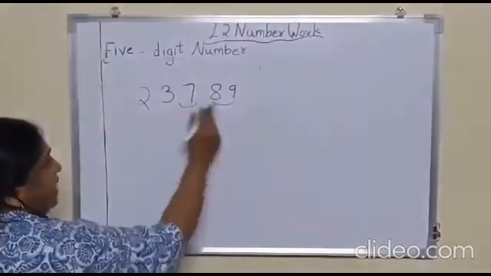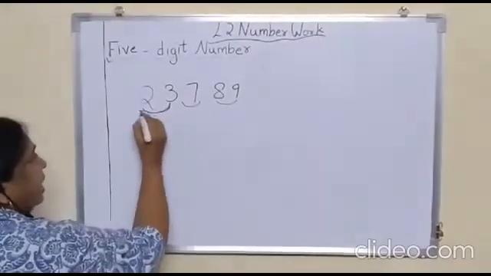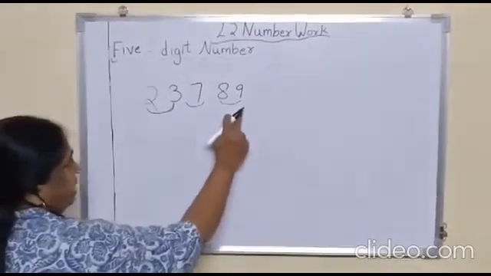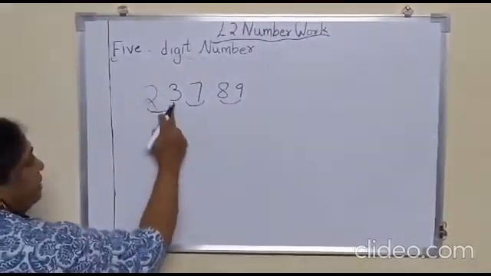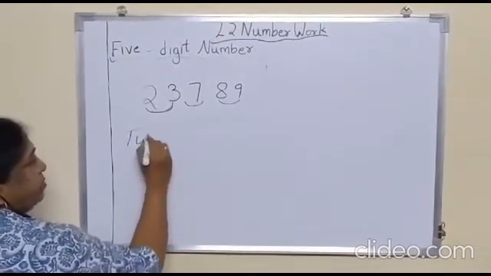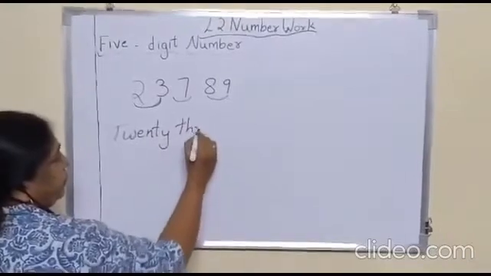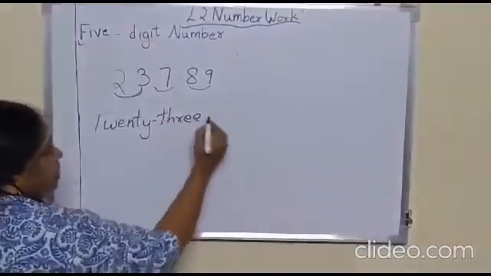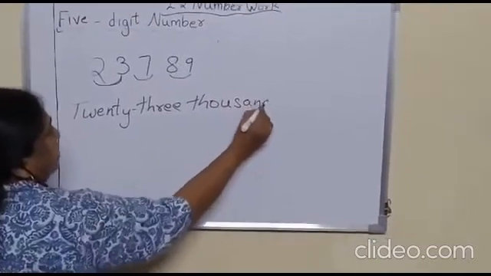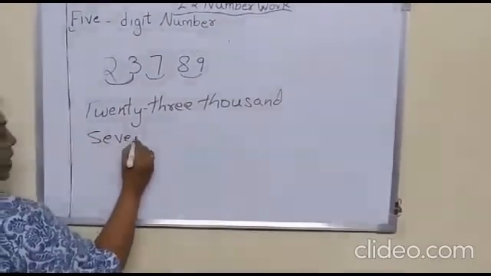Now suppose you are having a five-digit number. In a five-digit number, what will happen? These first two numbers are read together. Then we read this number and then these numbers. That means suppose you have to read this number. So what will we write here? 23,000. Did you understand? Then will come 700.